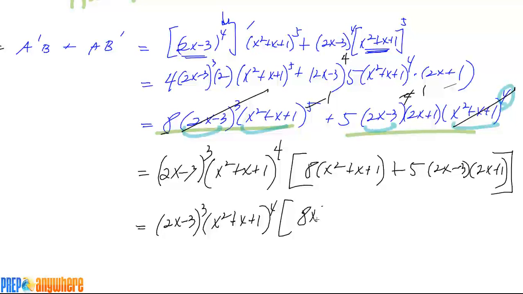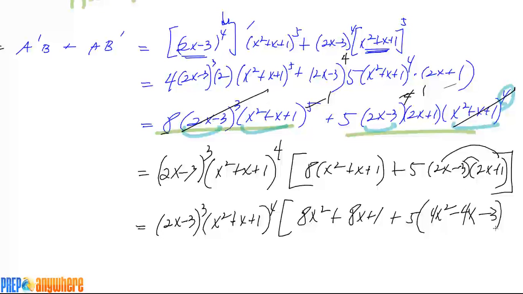So you get 8x squared plus 8x plus 8, plus 5 times 4x squared minus 6x plus 2x minus 3.